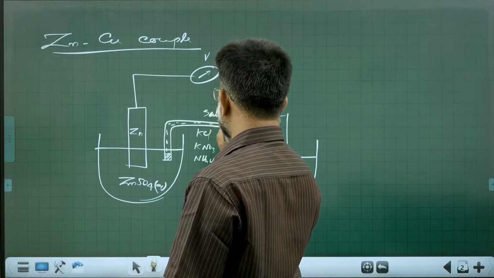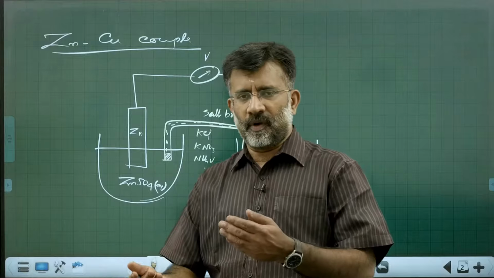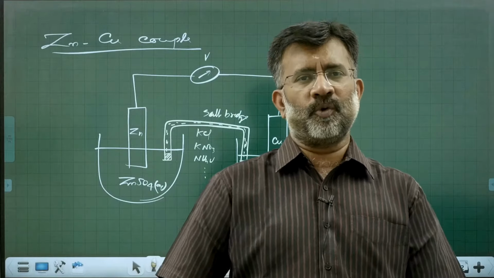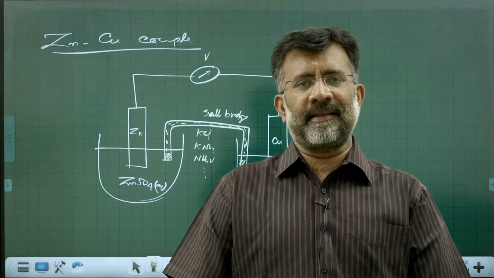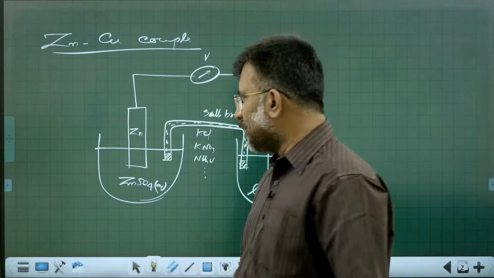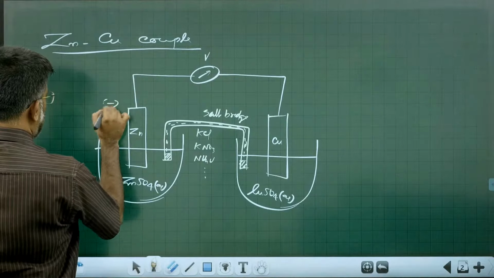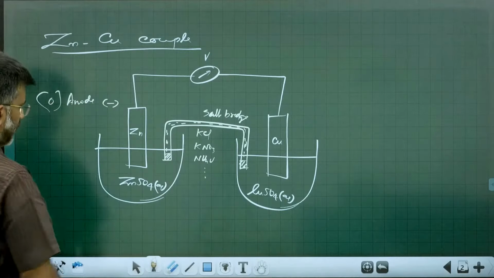A salt bridge permits the flow of charges from one solution to another, thereby maintaining internal electrical circuit completion. All of you know this works as the anode, a negative terminal, where oxidation is taking place.